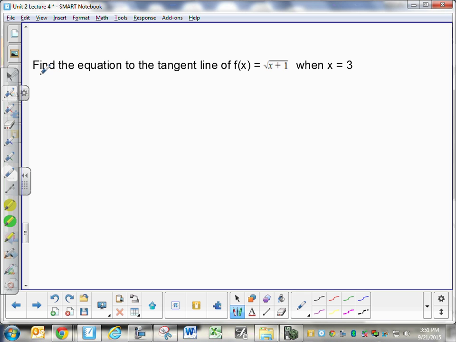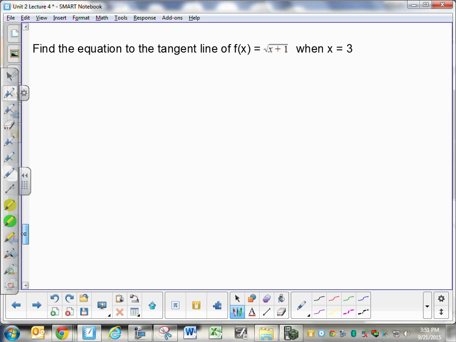We want to find the equation of the tangent line of this function when x is 3. Well, first I need to find its buddy. What is f prime? It's going to be the buddy that tells me the tangent slopes to the square root of x plus 1.